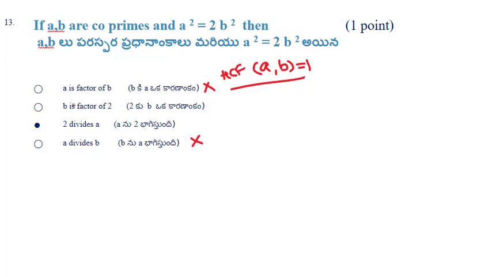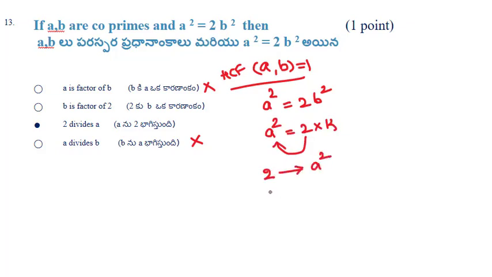And let us check this. If A square equals 2B square, A square equals 2 into, we can write K. So now 2 divides A square. 2 divides A square, at the same time 2 divides A. So the answer is 2 divides A.